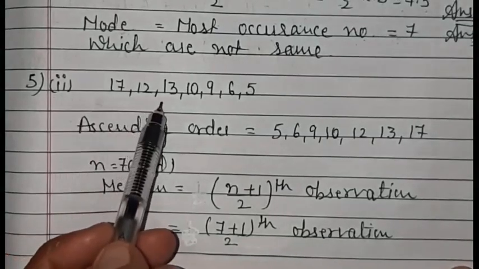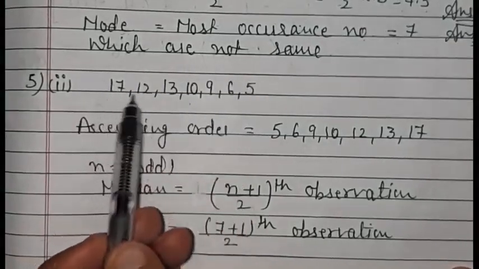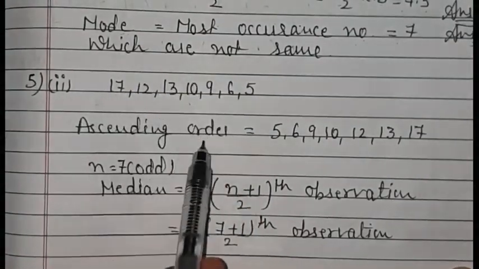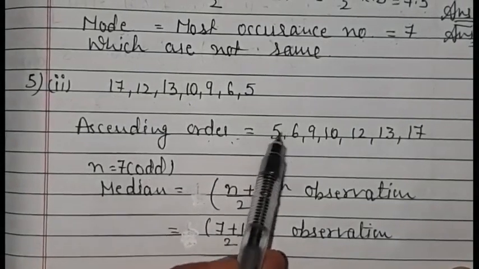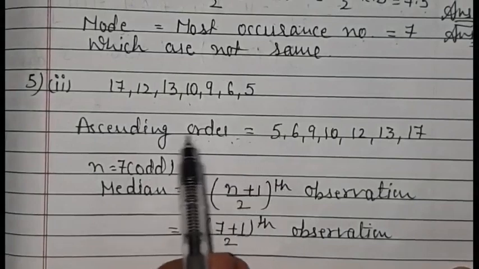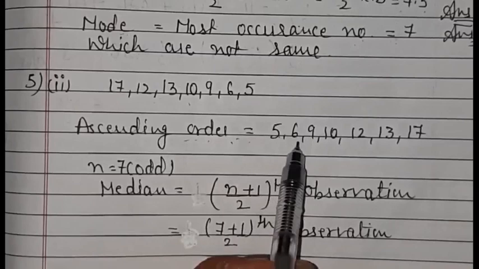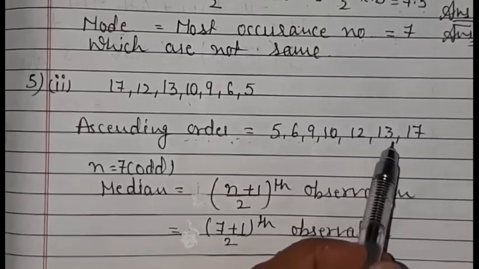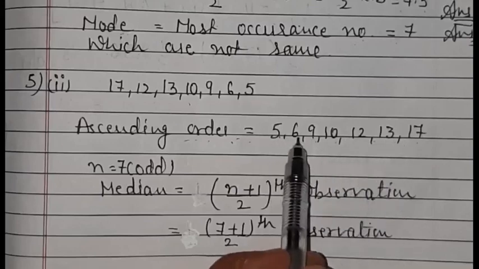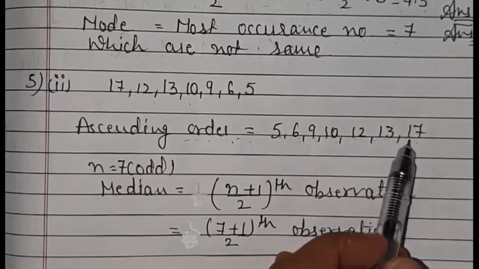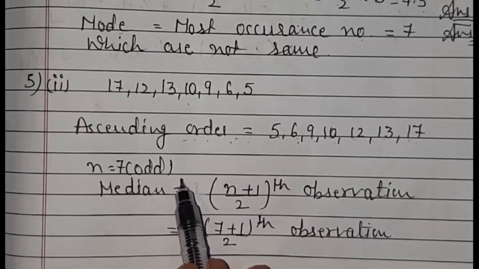Here again we have to calculate median only. Right? So first we arrange this raw data into an array, in ascending order. So it will come 5, 6, 9, 10, 12, 13, 17. Now count how many observations are here. 1, 2, 3, 4, 5, 6, 7. There are 7 observations. 7 is an odd number.